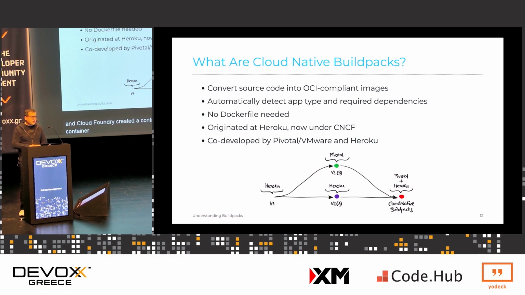I just pushed the source code, and the platform built it the right way. You see that in V2, we had a similarity between Heroku and Pivotal Cloud Foundry. But later in version 3, they got merged in a way, and they standardized the whole thing under the umbrella of Cloud Native Buildpacks and the CNCF. So that's basically where we are at the moment.